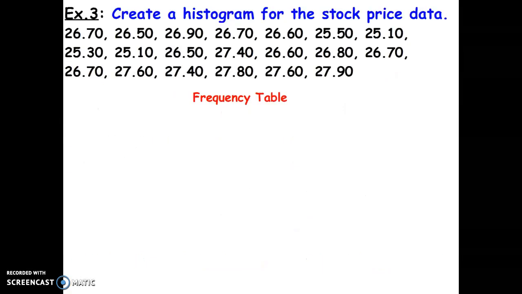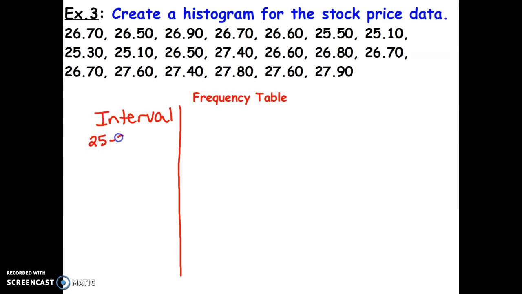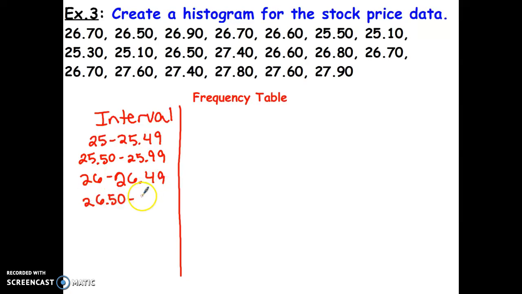So the frequency table is going to include your interval. Now, the intervals will always be provided by me. You won't have to come up with your own intervals. So for our intervals, we're using 25 to 25.49, 25.99.